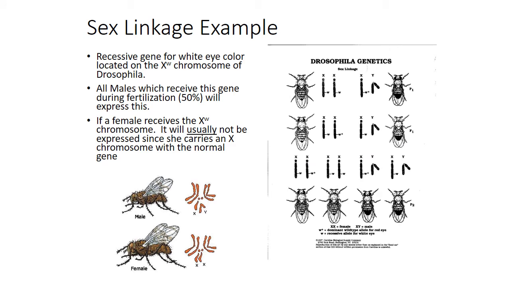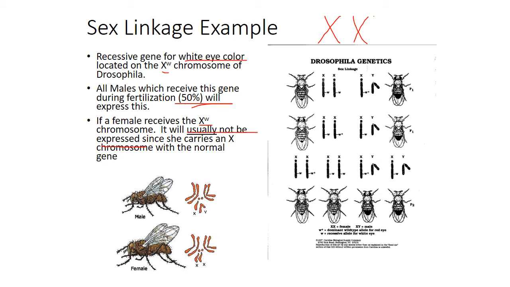Now, here's an example with fruit flies, or Drosophila. The recessive gene is for white eye color, and we're going to call it XW, and it is on the X chromosome. All males which receive this gene during fertilization will express this. Now, if a female receives an XW, she usually will not express this because she has that other X which gives her another chance at not getting this.